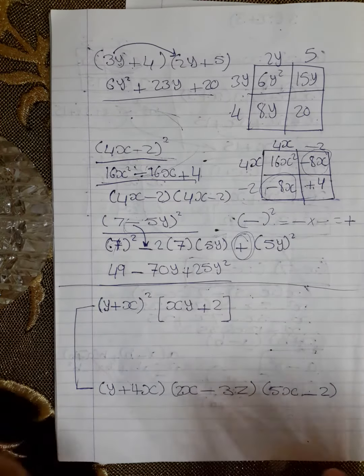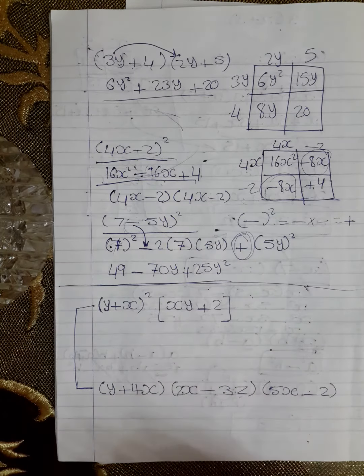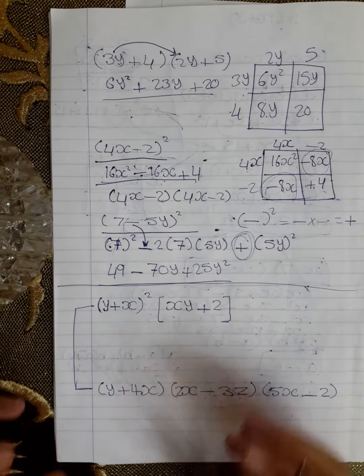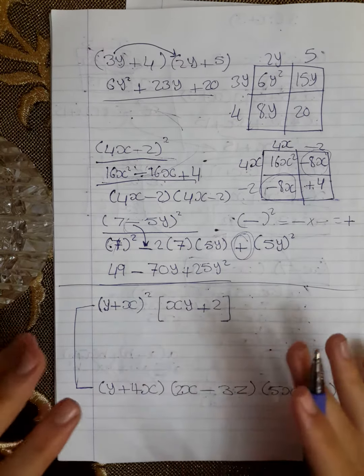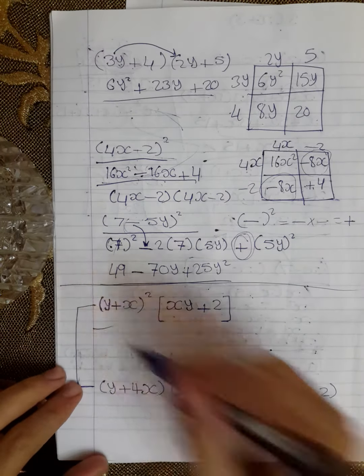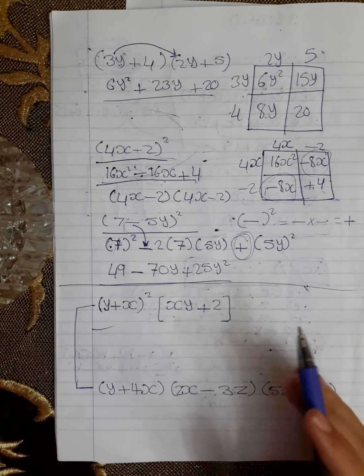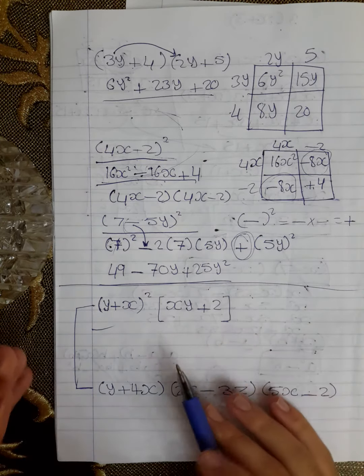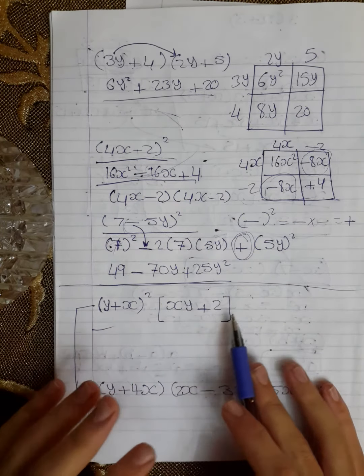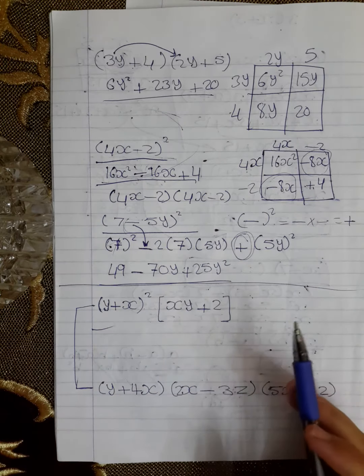Okay, hopefully you did solve it right. Now I will explain how you can deal with such complicated problems. Now you check out the problem. You have y plus x all squared times xy plus 2, this is a bracket times a squared bracket.